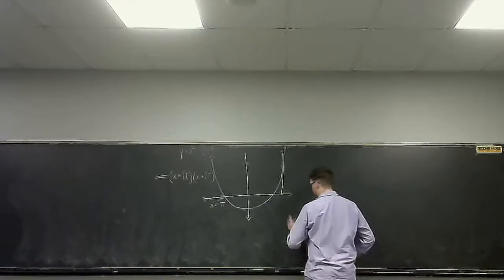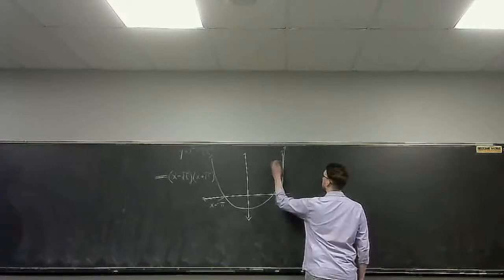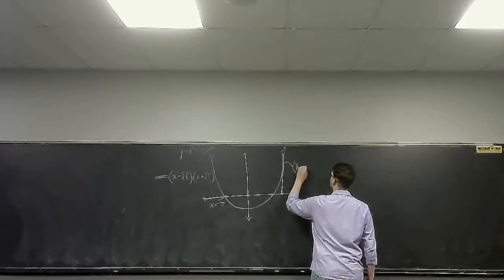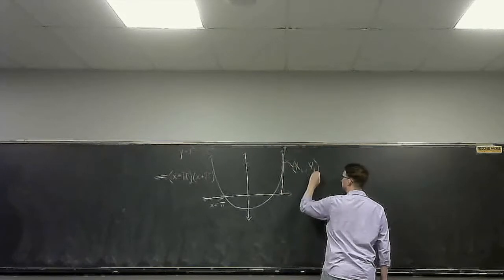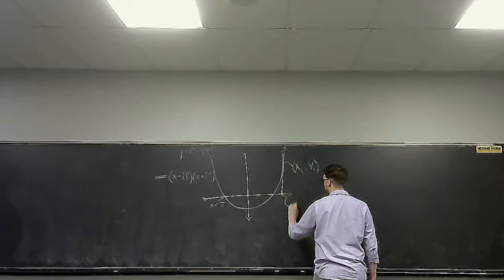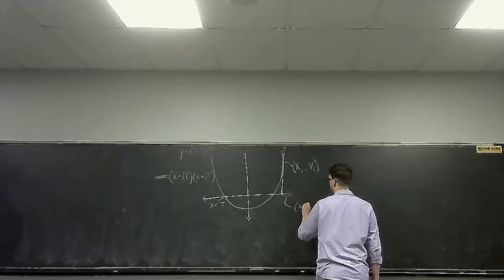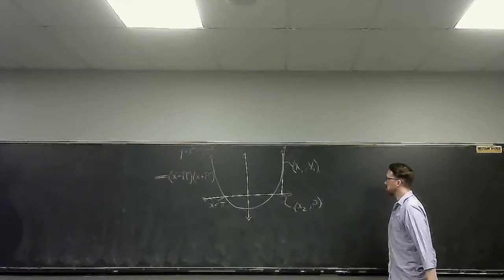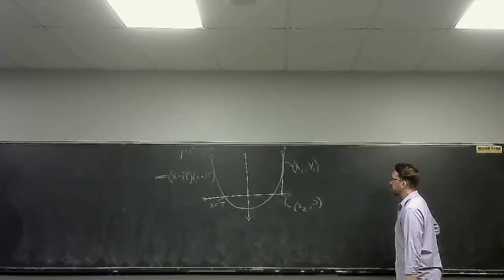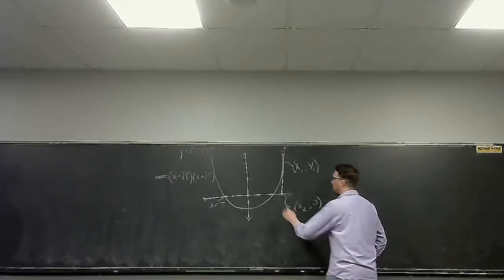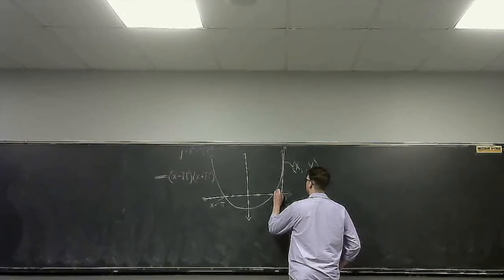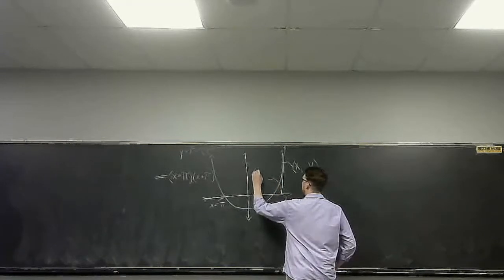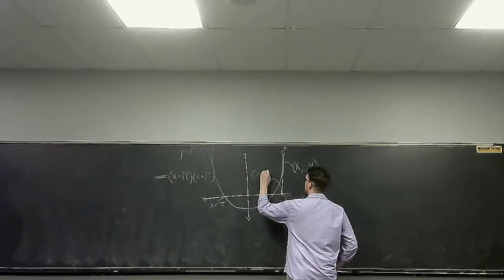Now, we're going to call this x1, y1. And we're going to call this point x2, comma 0. So now, we take this x2 point and we go back up to our function. So this will be x2, comma y2.